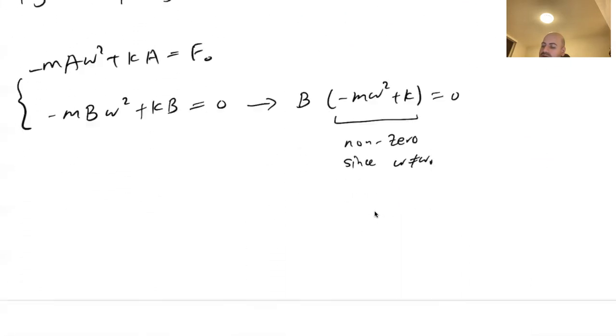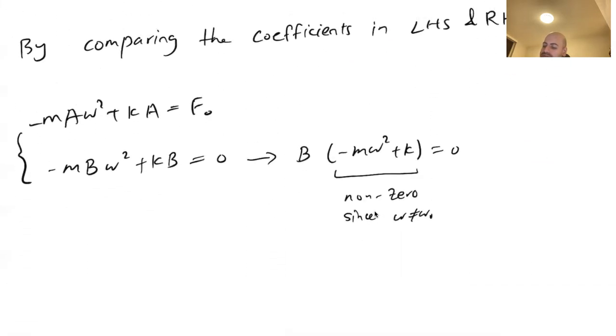So that means omega squared is not the same as omega naught squared. Omega naught squared is k over m, because omega naught was root k over m.